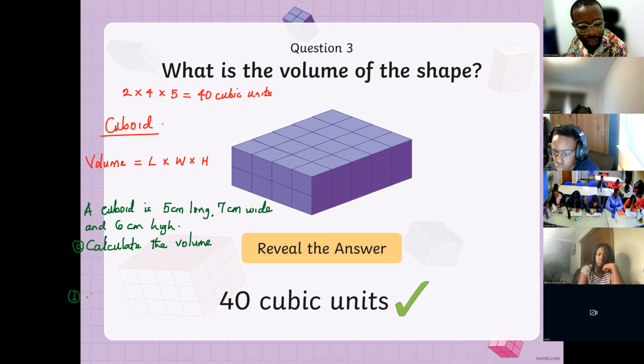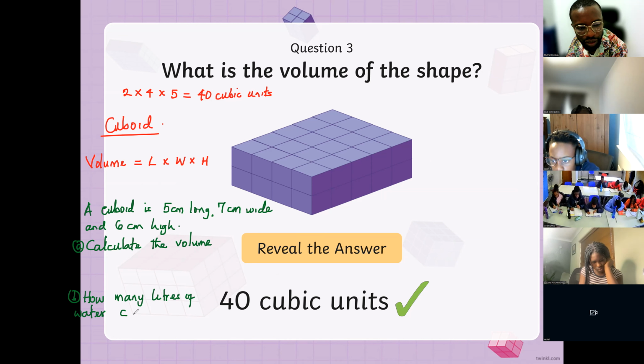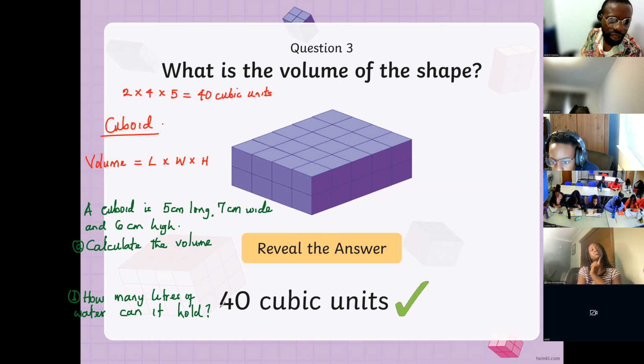B: how many liters can it hold? Okay, a cuboid 5 centimeters long, 7 centimeters wide, and 6 centimeters high.